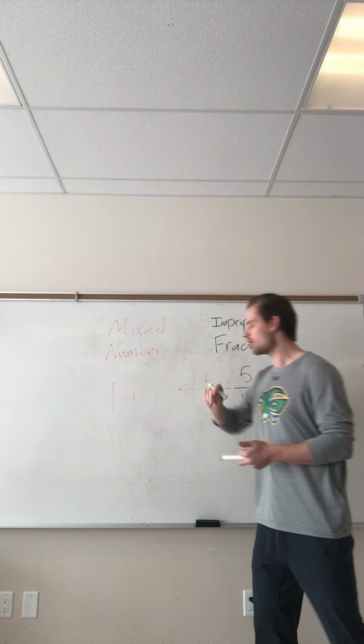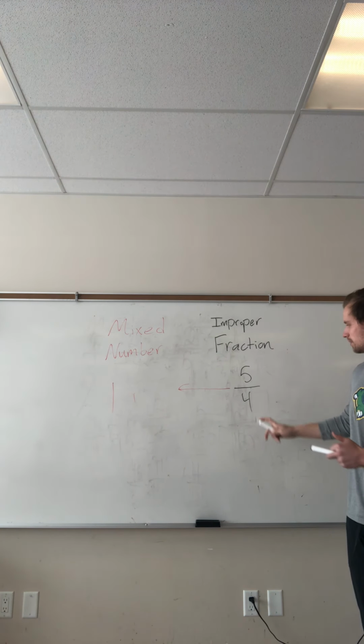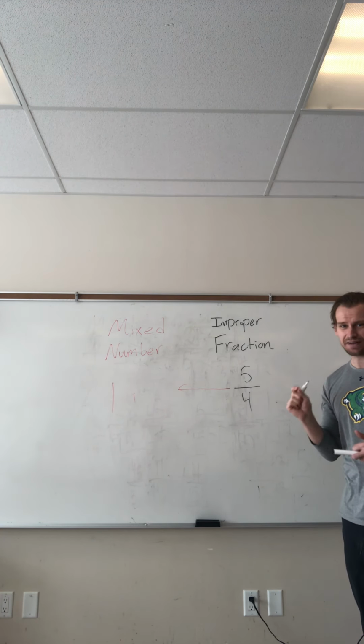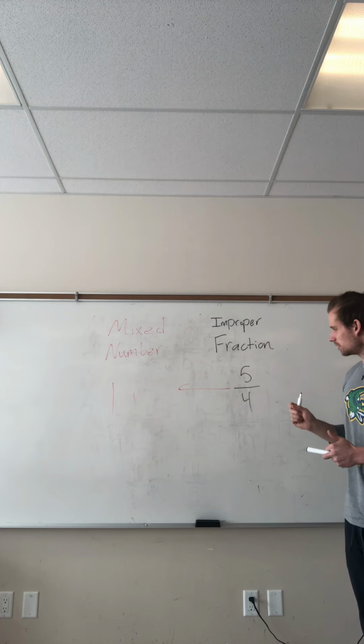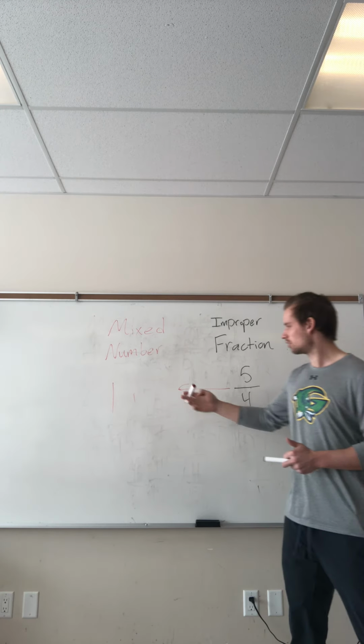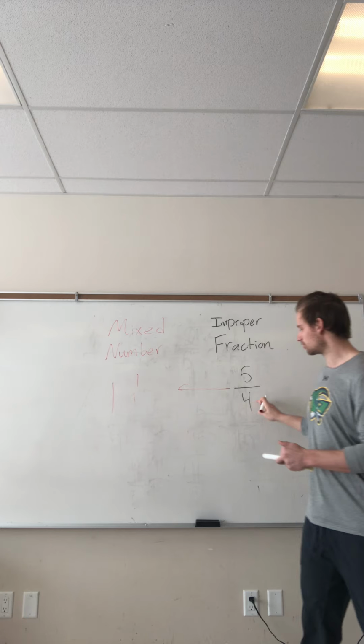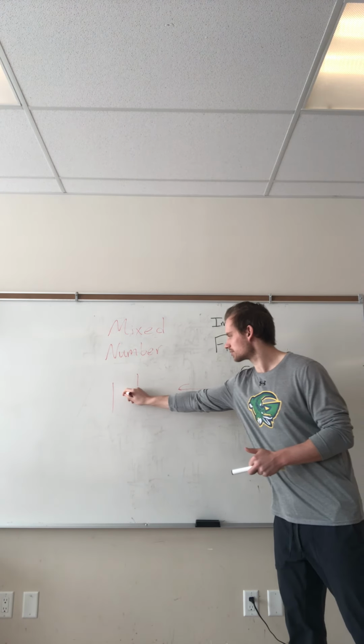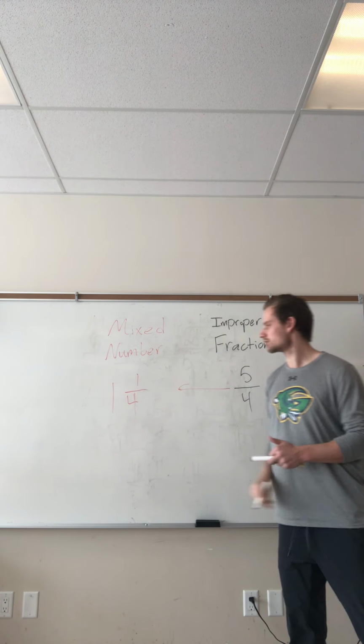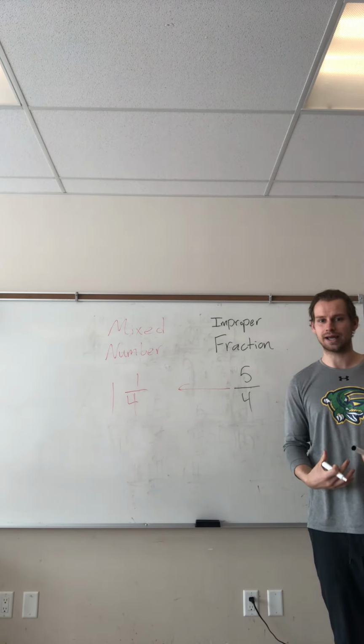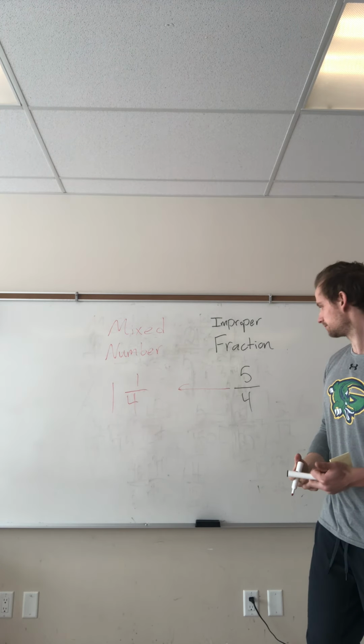So it goes in 1 whole time. And what's left over between 4 and 5? Well, left over we would have 1. And our denominator always stays the same as 4. So we are back to 1 and 1/4.